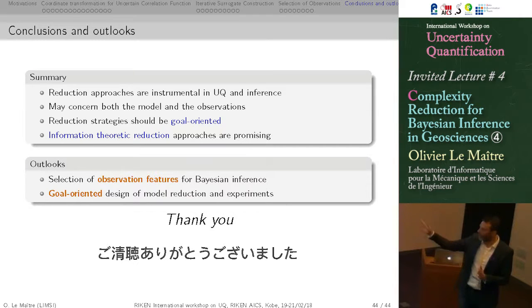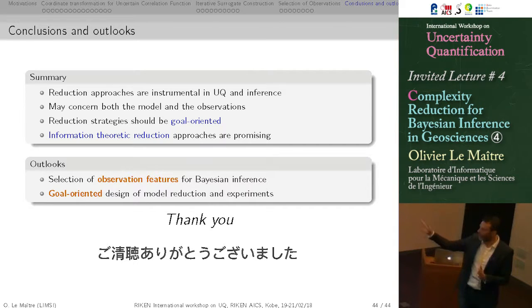Reduction approaches are instrumental, and in fact, I think absolutely necessary to perform UQ and inference as soon as you want to work on large-scale simulation and models. What I have recently understood is that you should perform reduction at both ends of the problem.